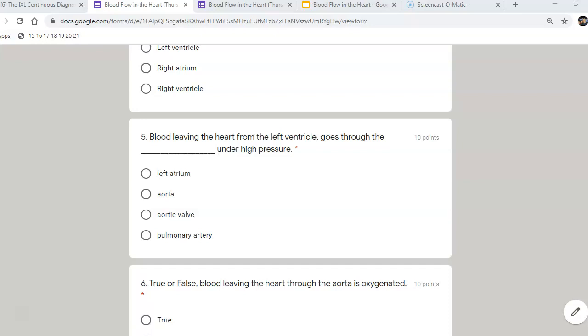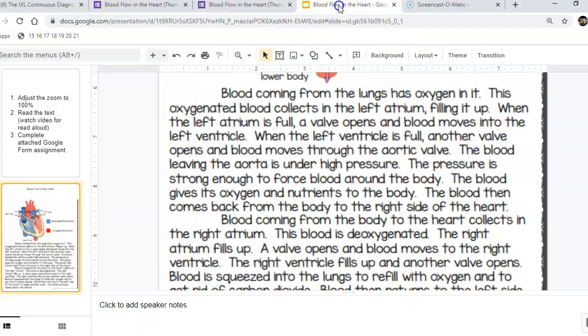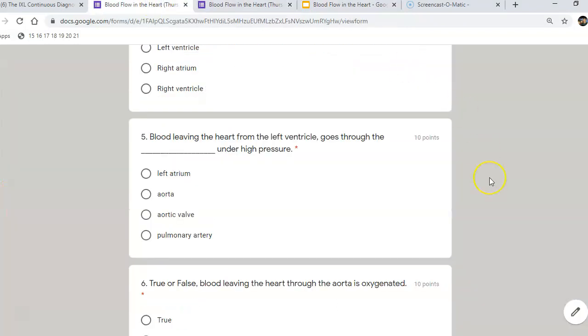So we're looking for the name of this artery that it goes through, and it undergoes that movement under a lot of pressure. All right, and I see under high pressure, the blood leaving the blank. Okay, well, there's our artery we're talking about. All right, does it go through the left atrium, aorta, aortic valve, or pulmonary artery under a lot of pressure?